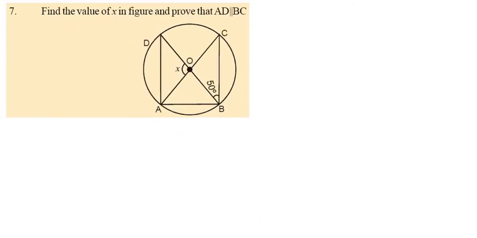Now come to the next question, the 7th question. In the given figure, prove that AD is parallel to BC. Now how can we prove AD is parallel to BC? AD is here and BC is here. Angles in the same segment are always equal. Suppose this angle is y.